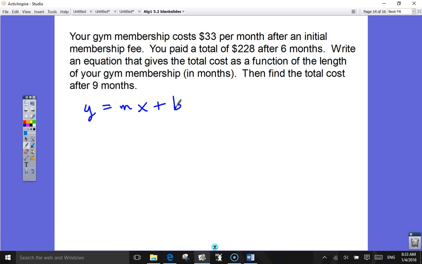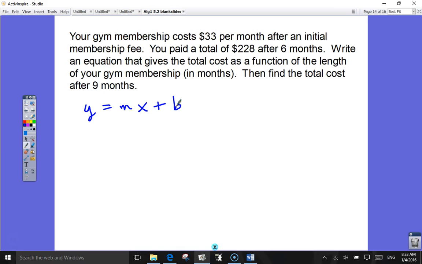The b, well, actually, we don't know that yet, do we? The m is how much you're paying per month, right? The x is going to be the number of months. So actually, what have they given us here? They've given us the slope with 33, and they've given us 1 point, which is after 6 months, it's 228.